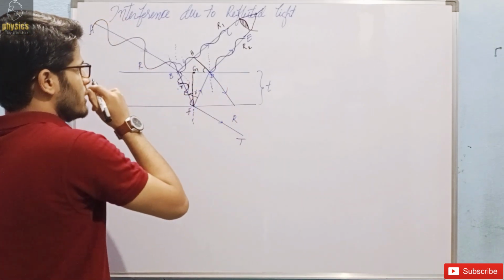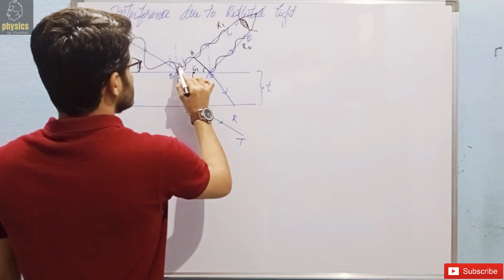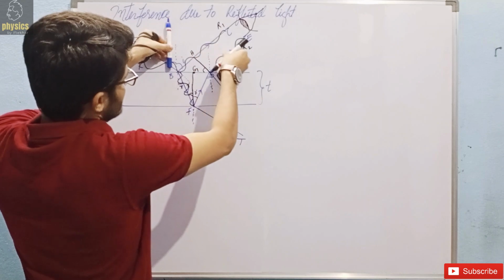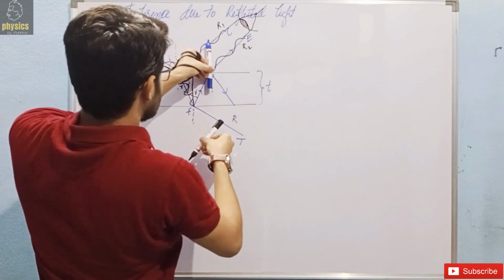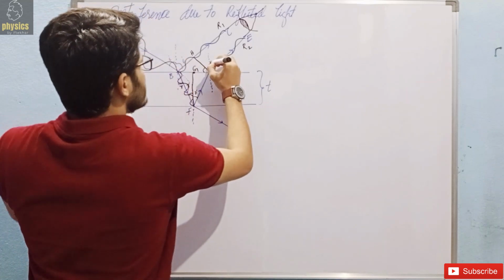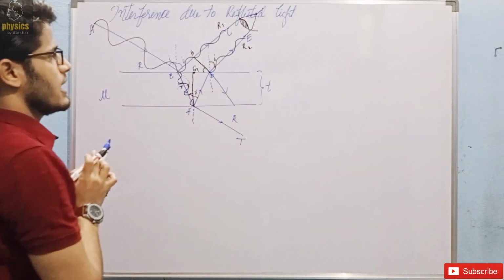From the geometry, we can see that if this is i, because these two rays are exactly parallel to each other, and this is the normal, this angle is also i.